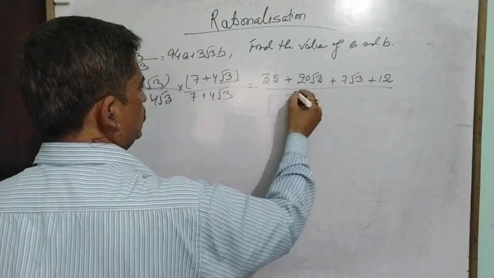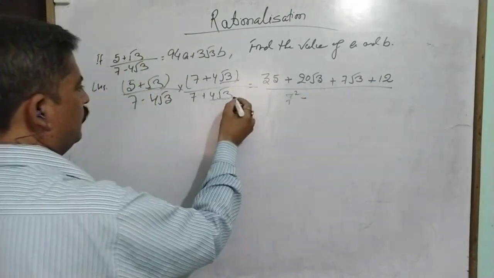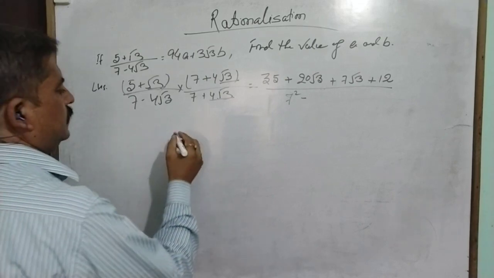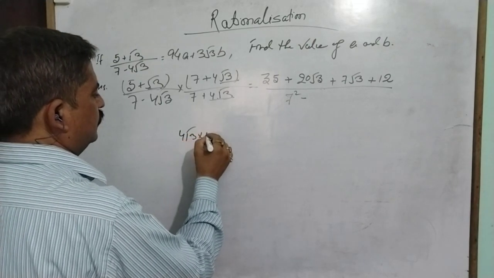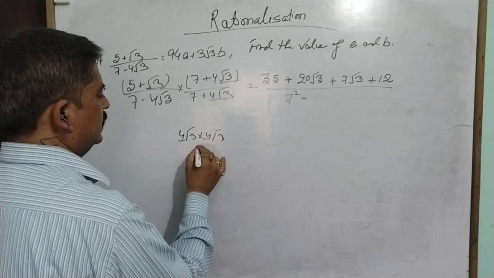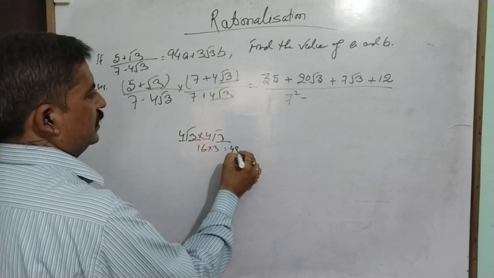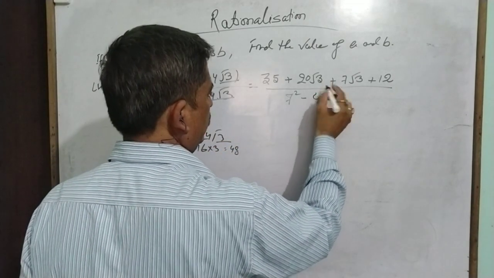The denominator is 7 square minus (4 root 3) square. 4 root 3 into 4 root 3 is 4 times 4 is 16, root 3 into root 3 is 3, so 48. So minus 48.